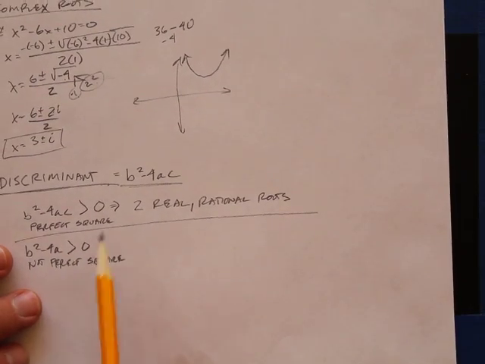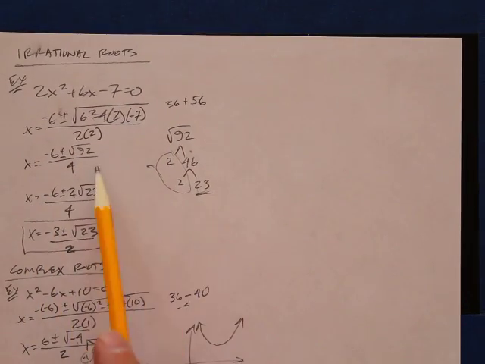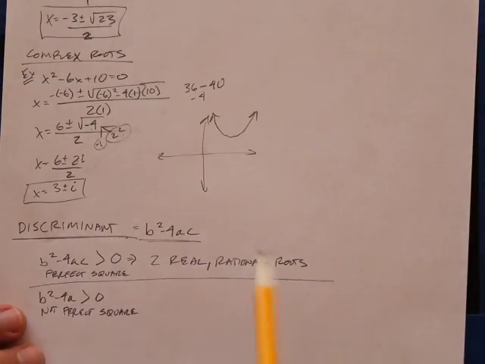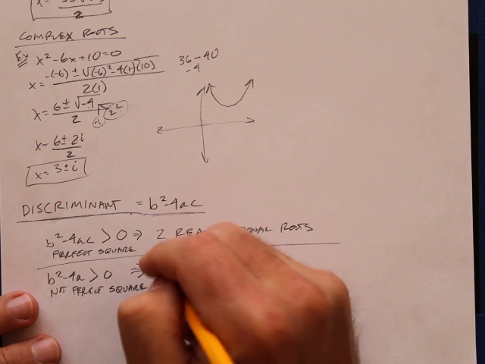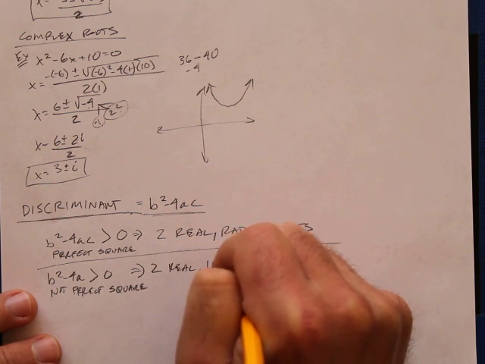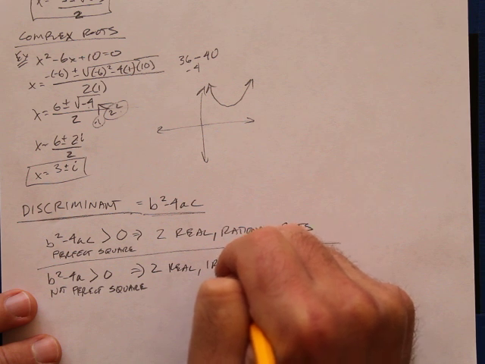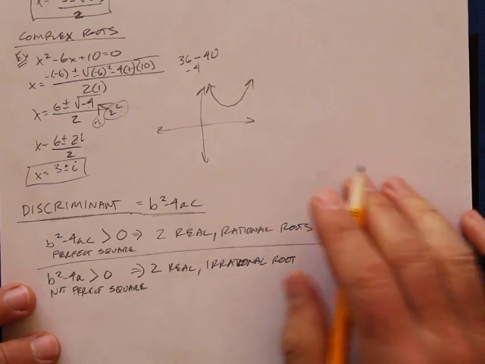Now, if it's not a perfect square, which is what we saw here, then we ended up with two real irrational numbers. Roots, irrational roots.